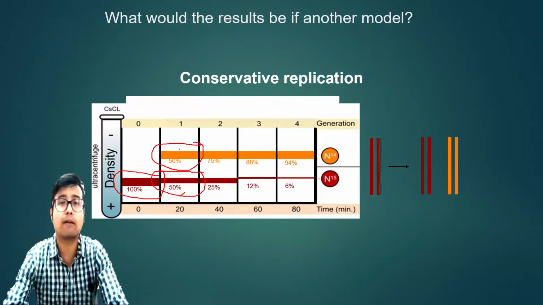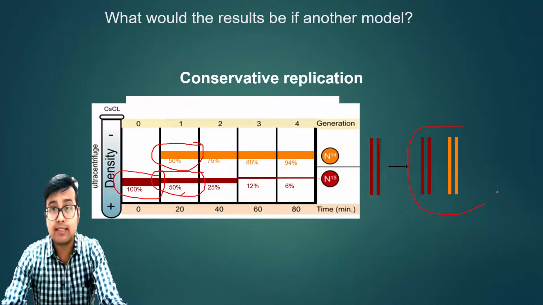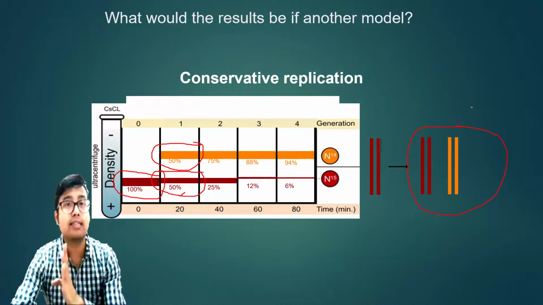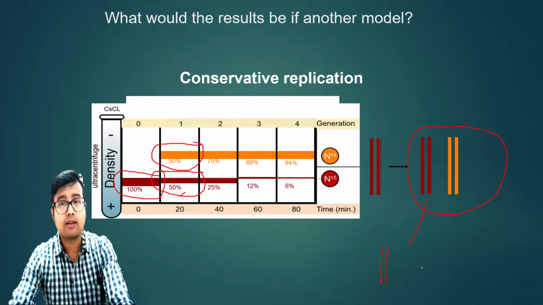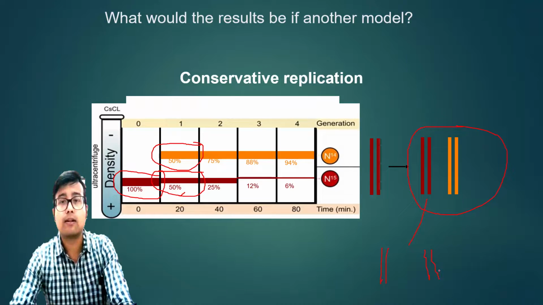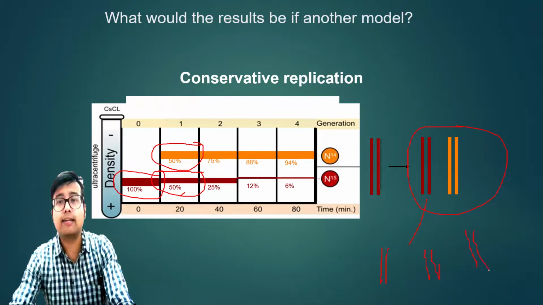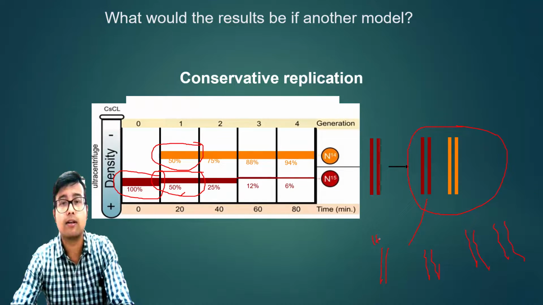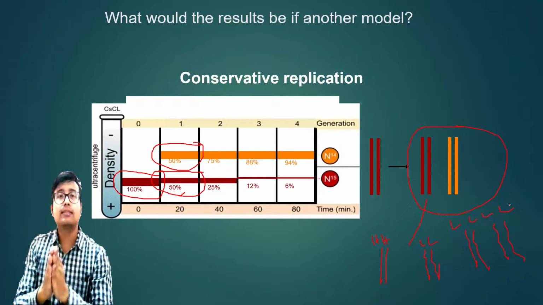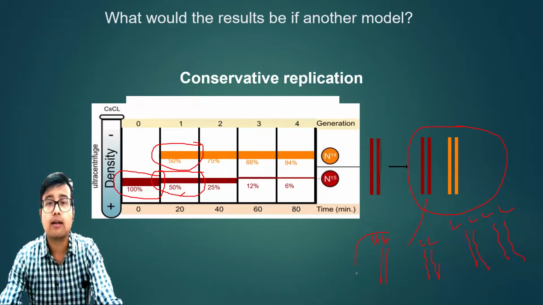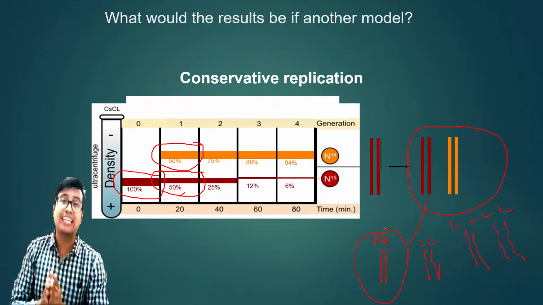In the next generation, where the supplying material is light, what will happen? This will give rise to 2 heavy and 2 light. This will give rise to 2 light, and the new daughter strand will be light. Considering this as heavy H and these as L, in all subsequent generations there will be one consistent band at 15.